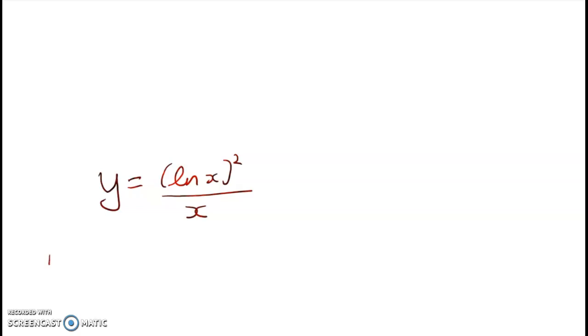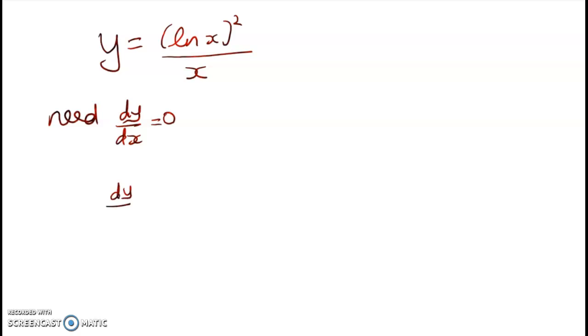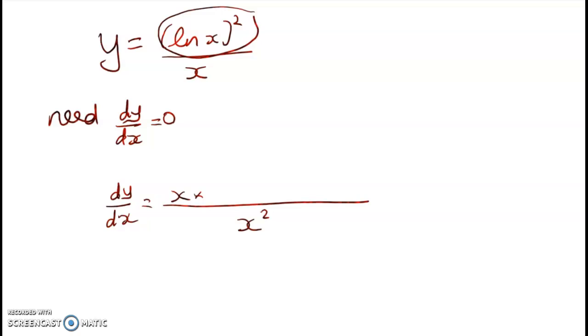For stationary points, we need to have dy by dx equals 0. I wasn't asked anything about the nature of the stationary point, so I don't need to look at the second derivative. I just need to solve and figure out where the gradient is 0. So to find the gradient here, I'm going to use the quotient rule. I'm going to start by squaring the denominator and then timesing x by the derivative of the numerator.